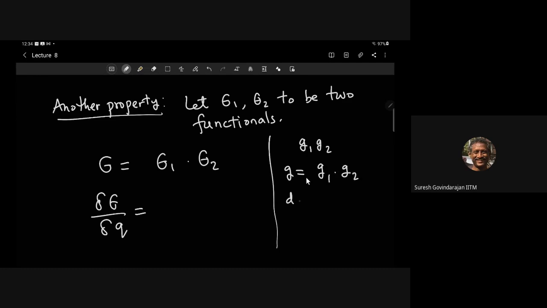So what can you tell me about dG by dt? It will be G1 into dG2 by dt plus... yes. This has a name, no? What is this rule called? Leibniz rule. Chain rule or whatever. Okay, Leibniz, I'm getting his spelling right.